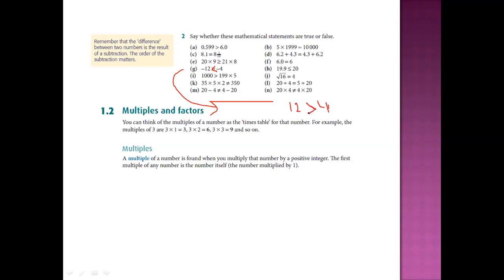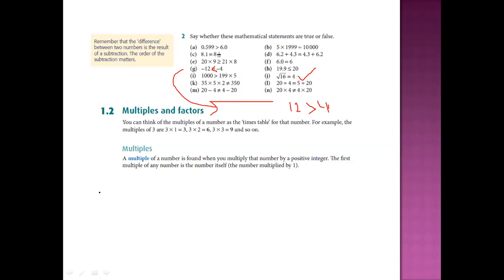Exactly, 4 is less than 12. But in negative numbers, minus 12 is less than minus 4. And here also, the square root of 16 is equal to 4. Exactly, it is true.